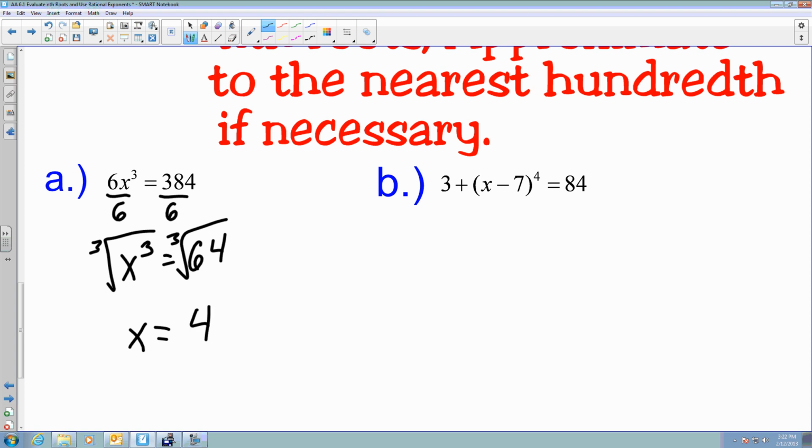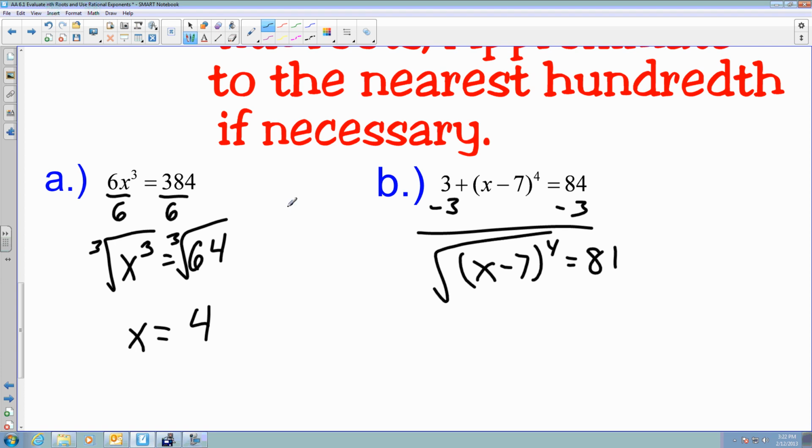Okay. Looking at b, again, I want to isolate my exponent, so I add 3 to both sides. Now I have x minus 7, quantity to the fourth, equals 81.